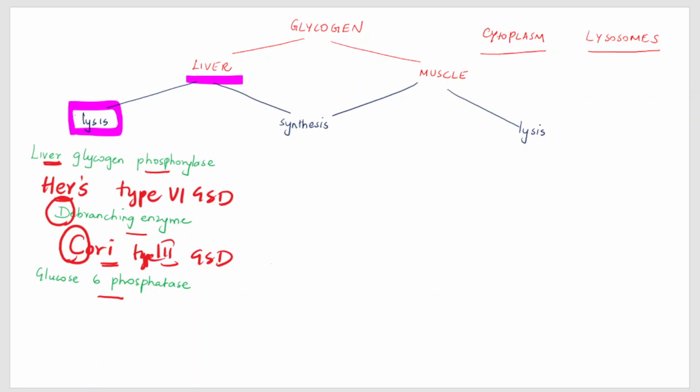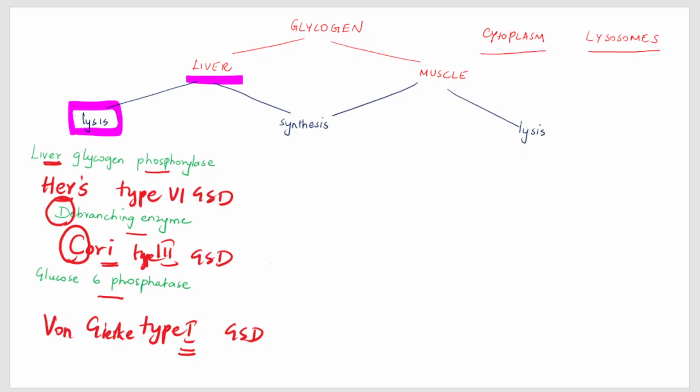And glucose 6 phosphatase, hope you all know this, it is type 1 glycogen storage disease. So 1 rhymes with Von, so it is Von Gierke's, which is type 1 glycogen storage disease due to glucose 6 phosphatase deficiency.